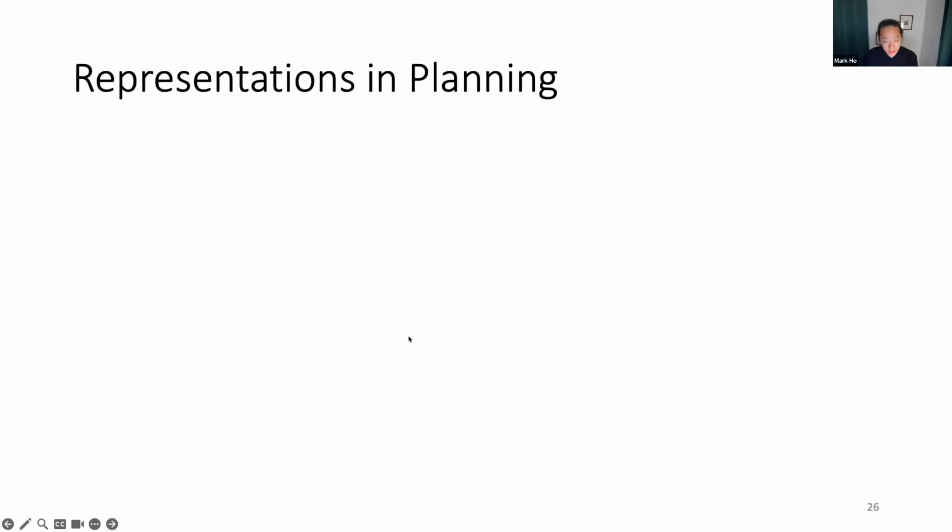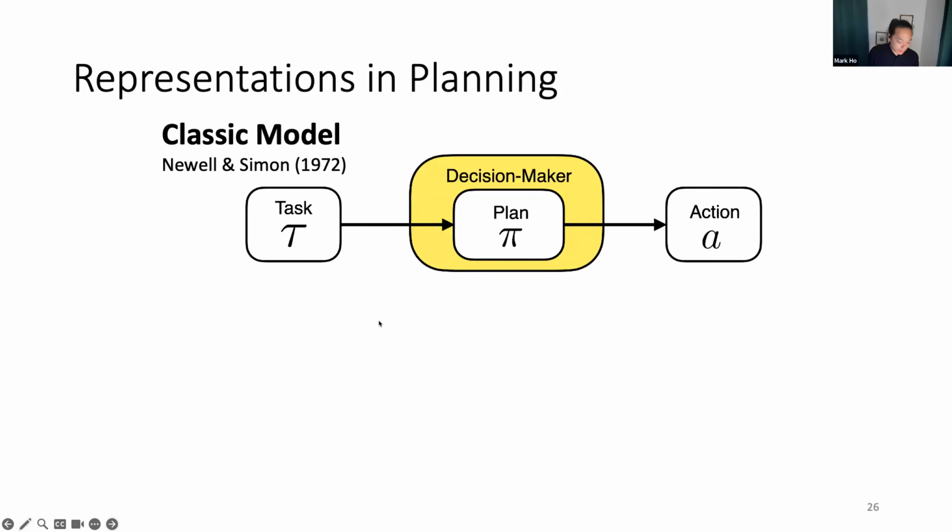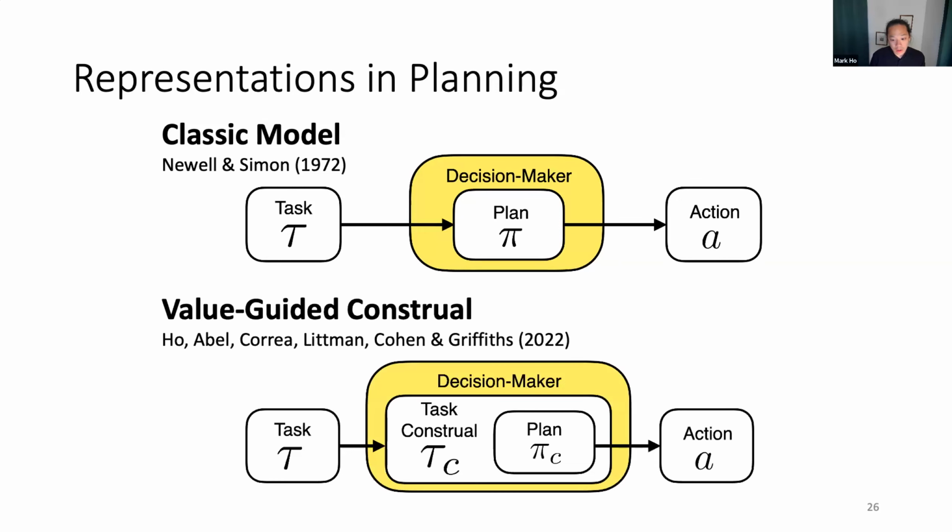We developed this idea of representations in planning in this work, thinking about how it relates to the classic model of planning. In the classic model, you have your representation of a task, you do some kind of planning over that, like tree search, and then you take an action.